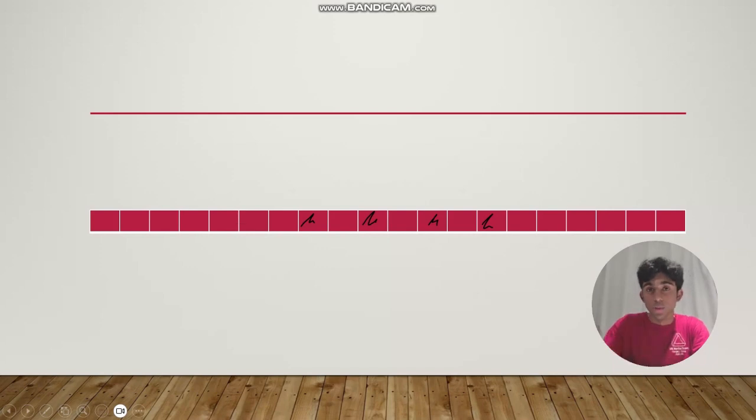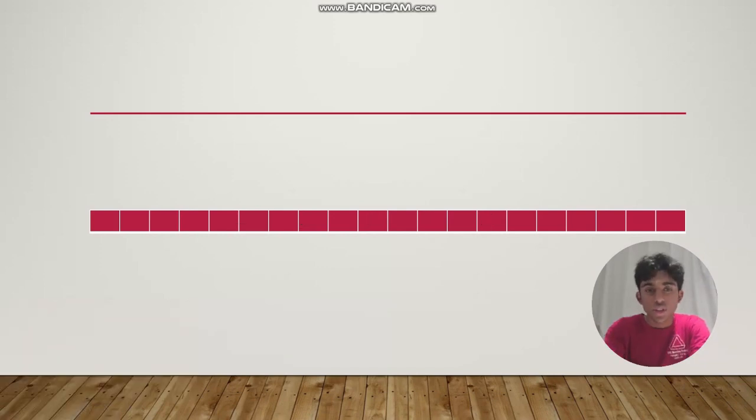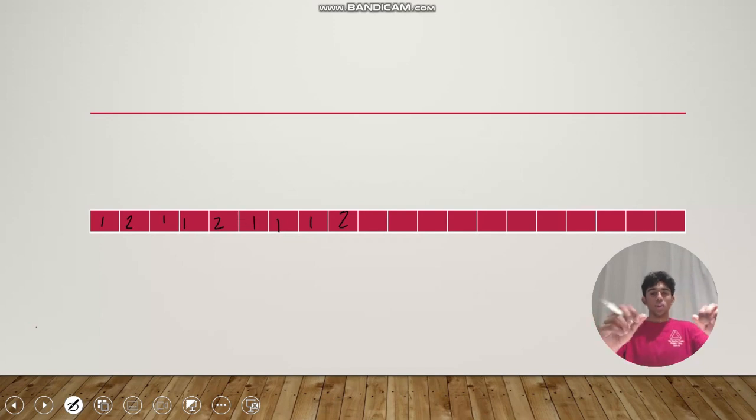And if you thought about this, you probably would have realized that. And I'm sure many of you have come up with simple constructions. The most common one you'd come up with is the following, where you just kind of go 1, 2, 1, 1, 2, 1, 1, 1, 2. You get the idea. So the gaps between the twos are not the same.